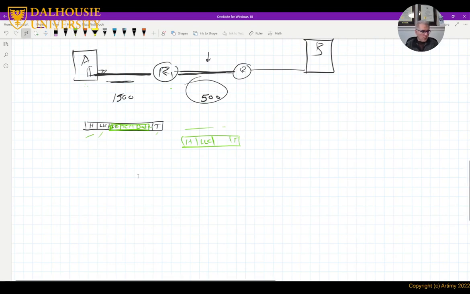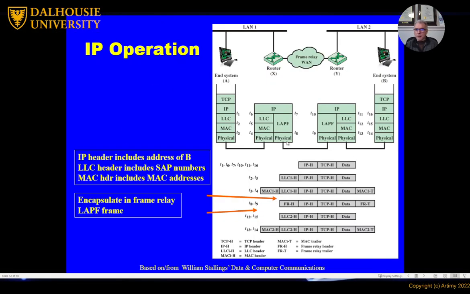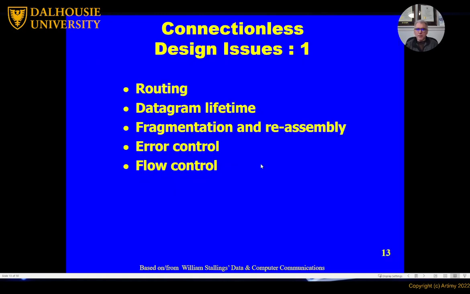As we saw in this example, the middle part remains the same, but the data link headers change every time I send it across a segment. So we are keeping this part. This is what we need to deliver to the end.